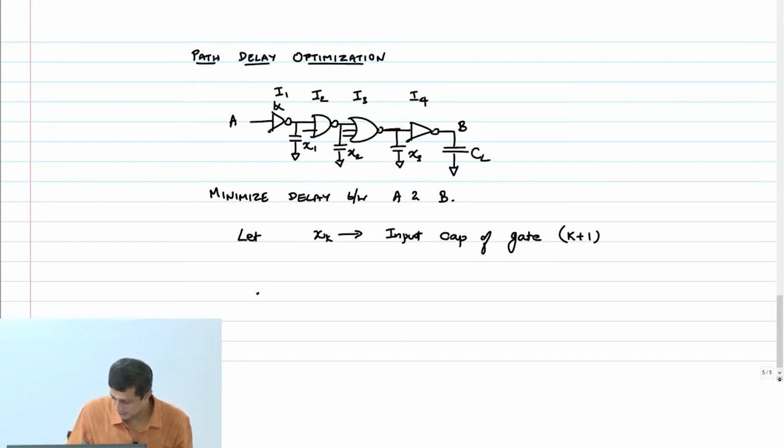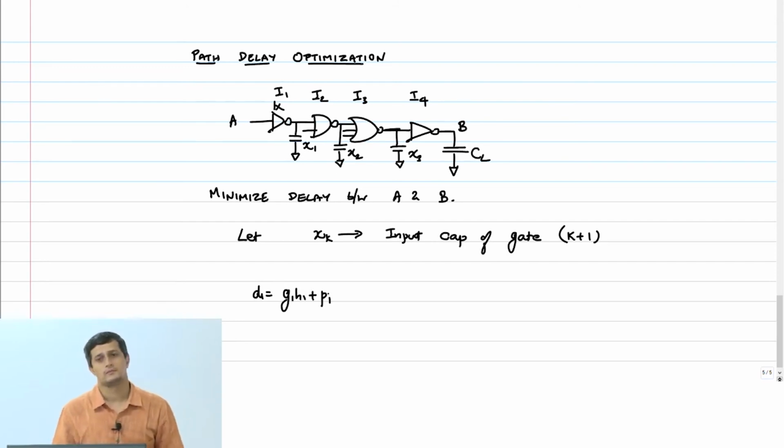So I can write D1 as G1 into H1 plus P1. Of course here it's an inverter, so G1 is 1, P1 is 1 and so on. But in general I can write it as the delay of the kth stage is Gk into Hk plus Pk. Okay. What is H1 now?